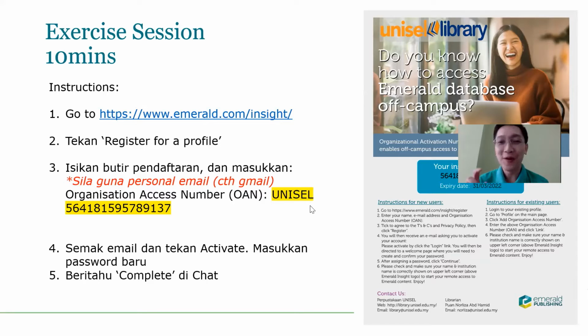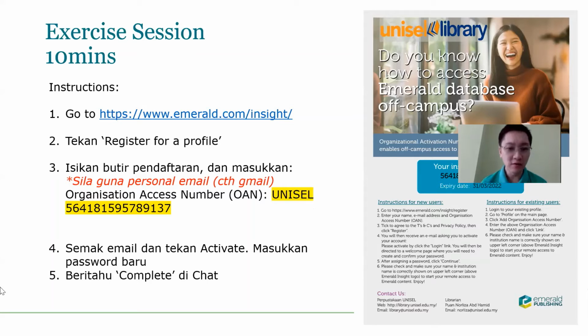Perhaps how about like this? Puan Ernie and also Dr. Lee, after keying in all the information, just to ask, did you log in via proxy, or did you log in via emerald.com? Which one did you use? Because the error mentioned that the OAN was wrong.